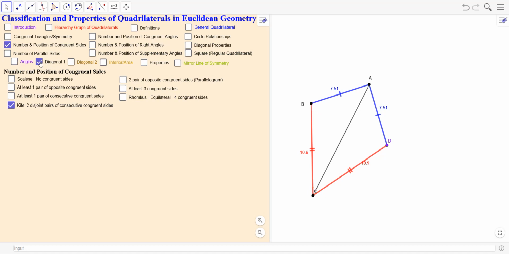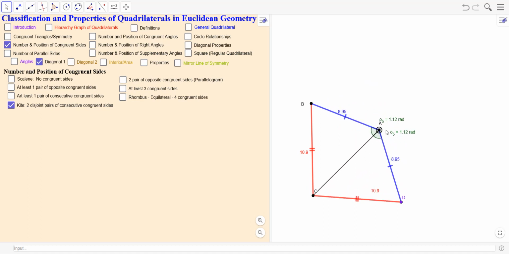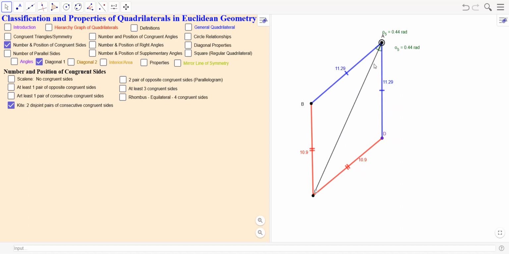Let's turn these angles off, and let's just measure these two angles. So this angle here and this angle here. And if you look, they are the same size. And again, if we manipulate, they may be different sizes, but they're the same size as each other, right? So we say that this bisects the angle here. And we're going to get the same thing at the other end. It's an angle bisector at both ends. Okay, and again, we prove that because these are congruent.